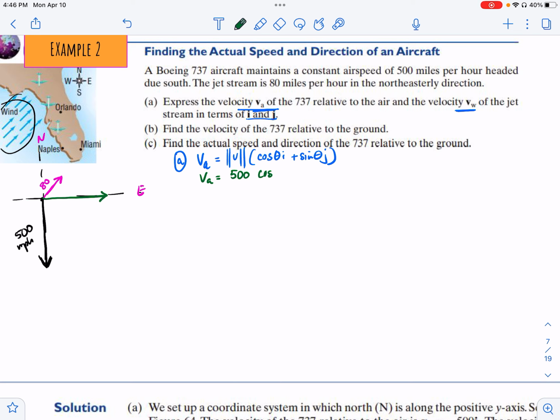Part B here. Relative to the ground automatically means vector addition of both the forces acting on it, which means the first vector is negative 500j. Add to it the other vector, 40 root 2 i plus 40 root 2 j. Adding them, I can only add the x to x and y to y.